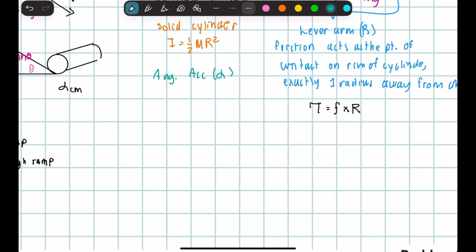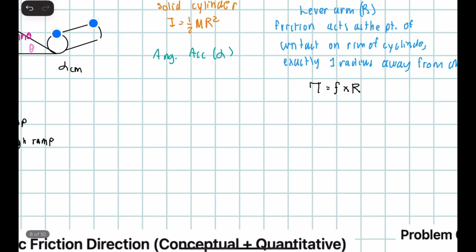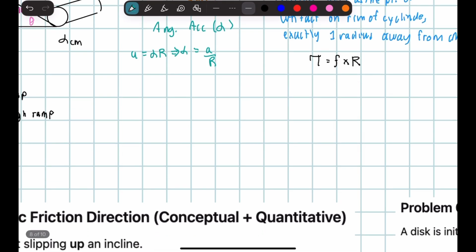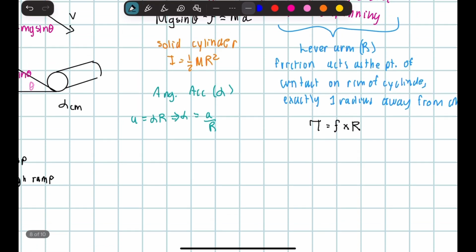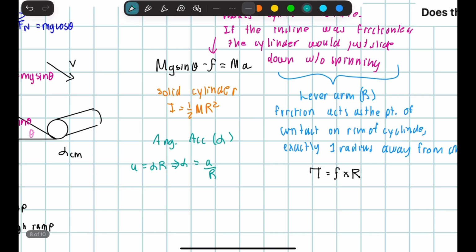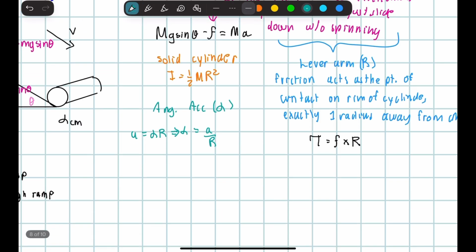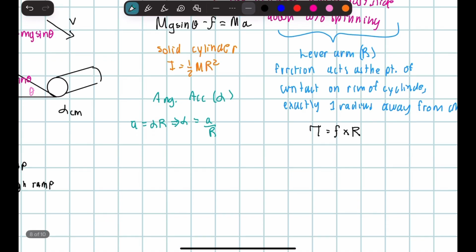In rolling without slipping problems, it's the bridge between linear acceleration and angular acceleration. So that's the formula: alpha is equal to the acceleration over r. Now from this, a equals alpha r, and we can substitute this alpha in here.